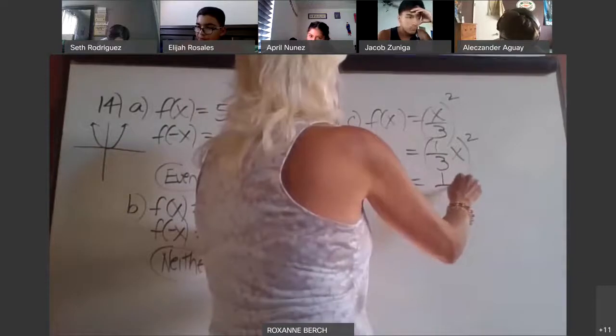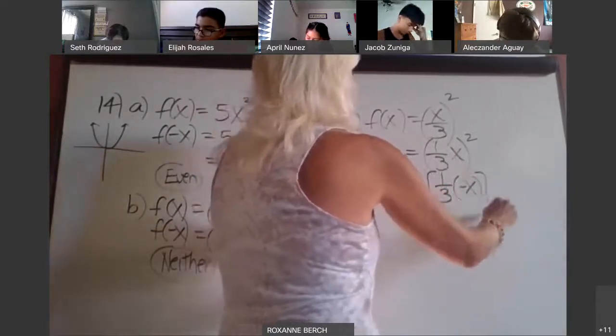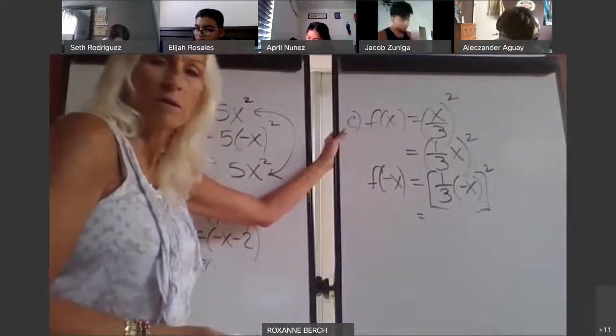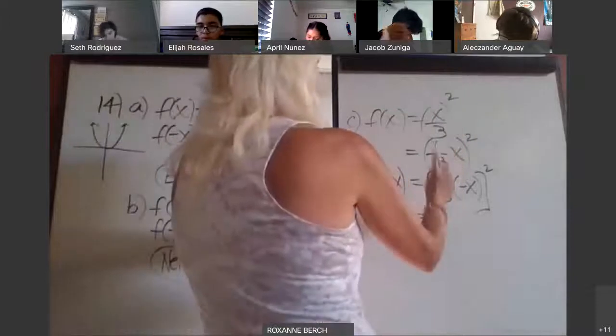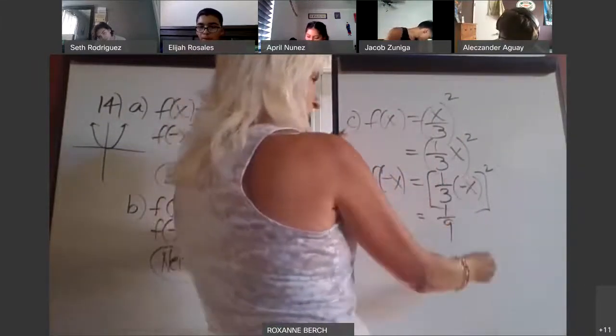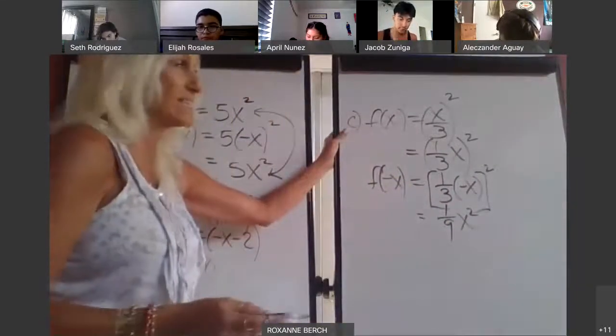So this would be 1/3 times negative x quantity squared. Doesn't everybody have to be squared? So wouldn't this be 1/3 times 1/3 is 1/9? And a negative times a negative is a positive x squared. Well, that doesn't match, but does it? Watch.